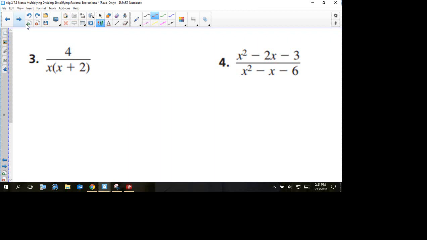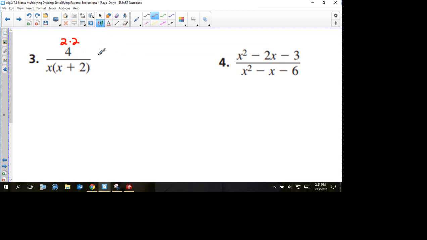Number 3, what's my first step here? Well, 4 I can factor. I can factor 4, 3 times 2. I don't know that that's going to help me.